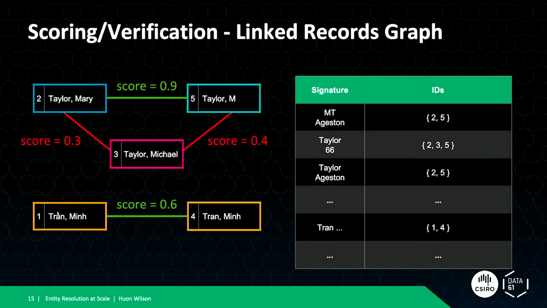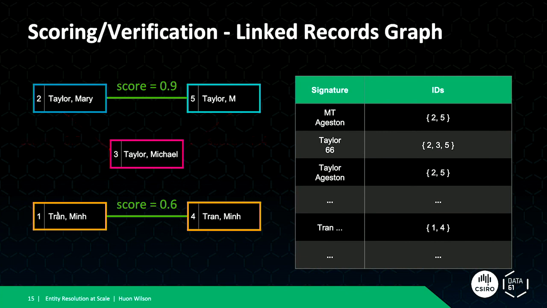Once we've got this graph, we can then process it into our set of true entities. And so one simple but effective approach is to choose some threshold for the score, delete the edges that are lower scoring, and then compute the connected components. So again, the threshold is something that has to be chosen per data set. And maybe we've done data science to work out that 0.5 is a good threshold.